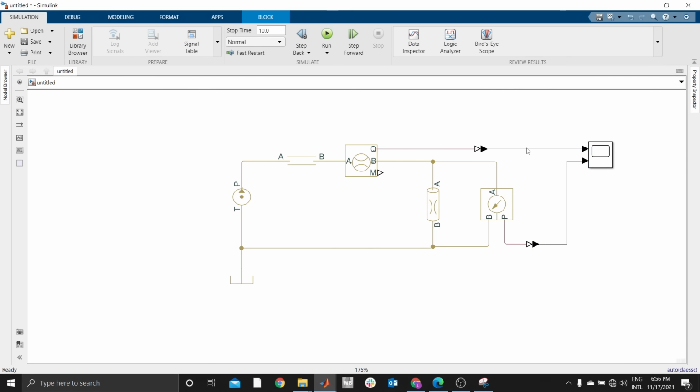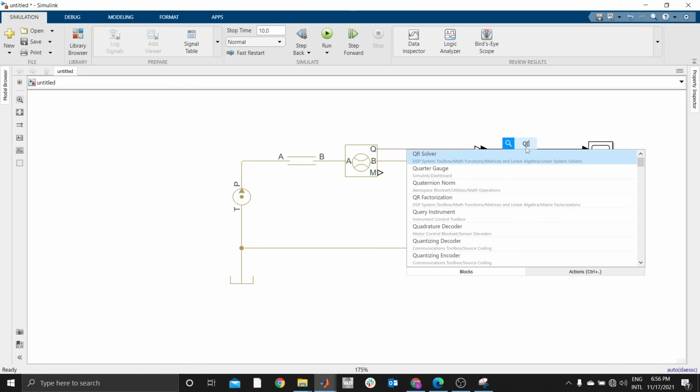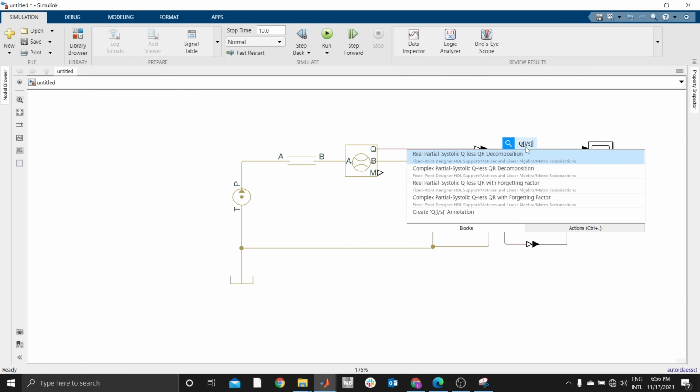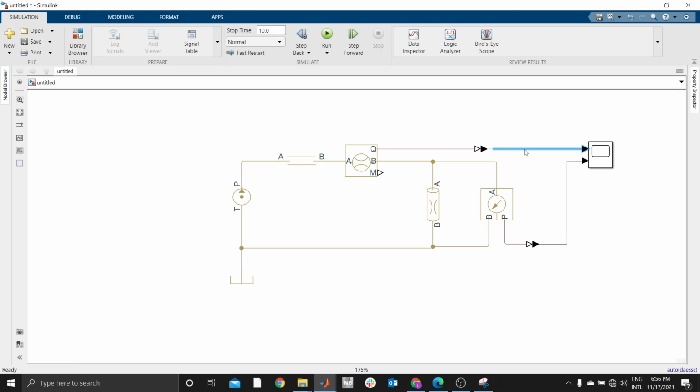Remember, we are getting Q, which is liters per second. That is Q, the flow rate in liters per second. Here we are getting pressure in megapascals. Let me see how I can define that here.